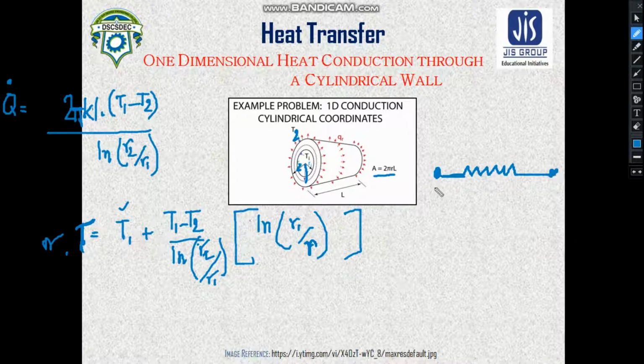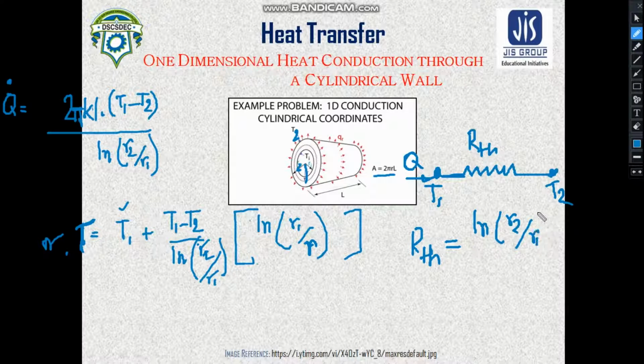Similarly, here we can write the same electrical circuit, where because of this temperature difference there is a certain flow quantity, which we know as Q, and there will be a thermal resistance present here, which can be written as ln(R2/R1) divided by 2 pi kL.